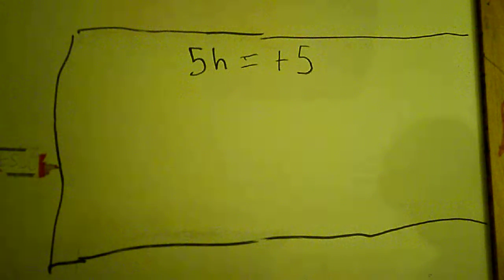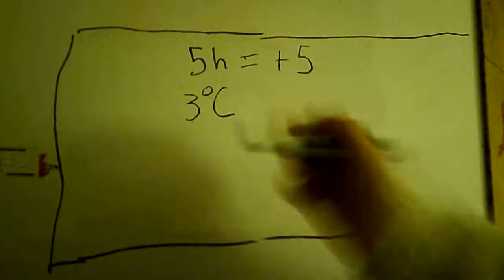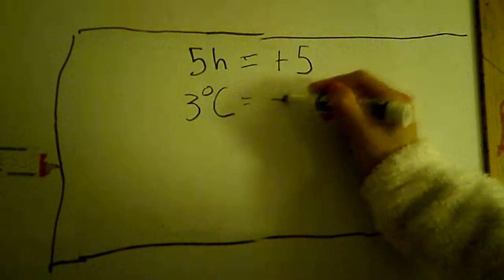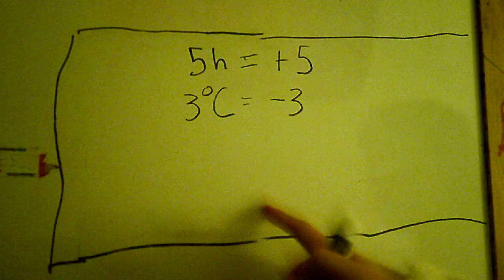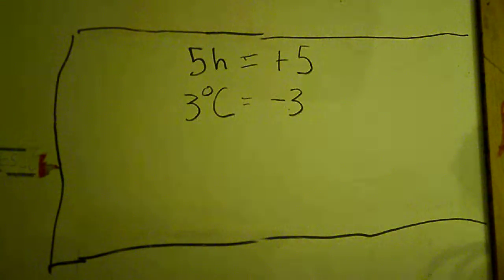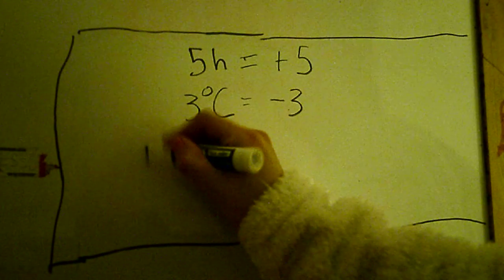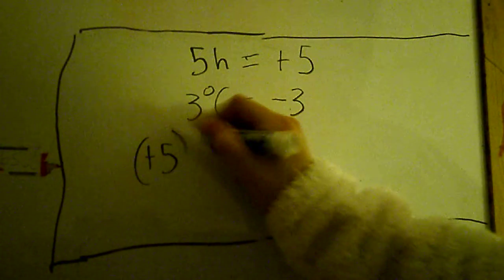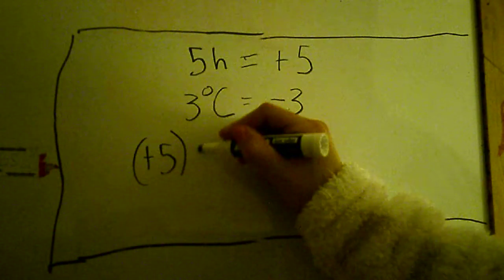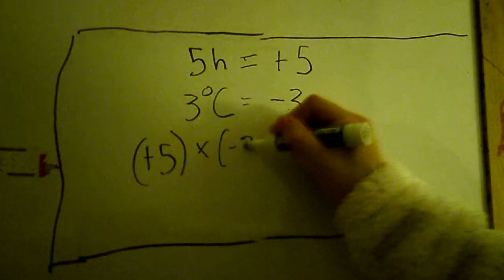Then I need to write out the temperature, which is usually a drop. So I'm going to say the 3 degrees Celsius, in this case, is minus 3 because it's a drop in the temperature. So now, to figure out what the total change is, it's positive 5, so 5 groups of negative 3.